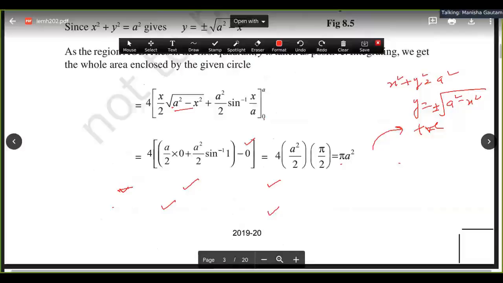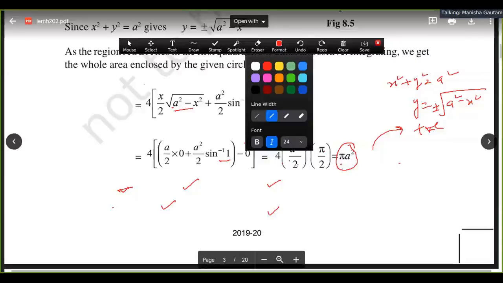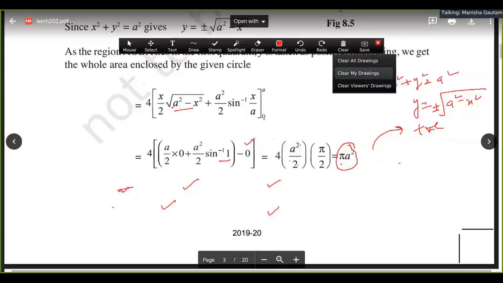Here the first part is 0, but the second part is a square by 2 sine inverse 1. And sine is 1 at pi by 2. So it comes out 4 into a square by 2 into pi by 2. That is pi into a square. This is the answer, the area enclosed by the circle.